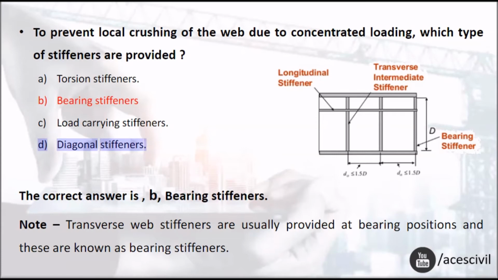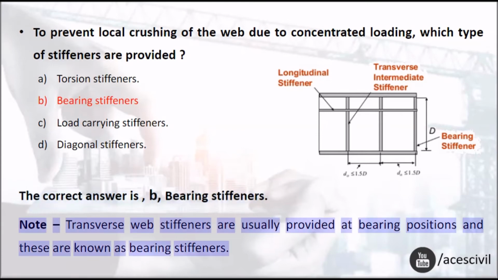D. Diagonal stiffeners. The correct answer is B. Bearing stiffeners. Note: transverse web stiffeners are usually provided at bearing positions, and these are known as bearing stiffeners.